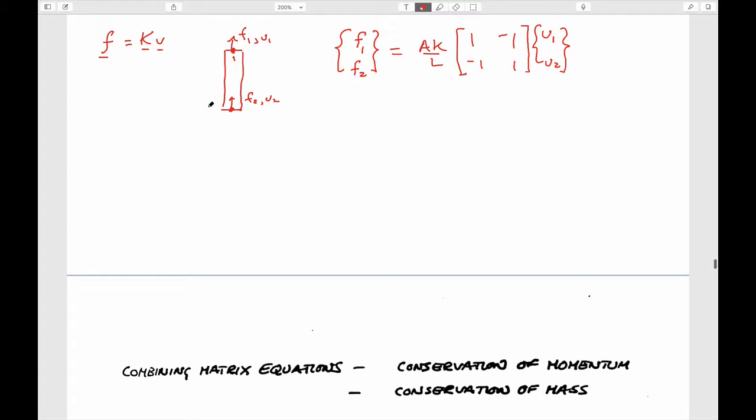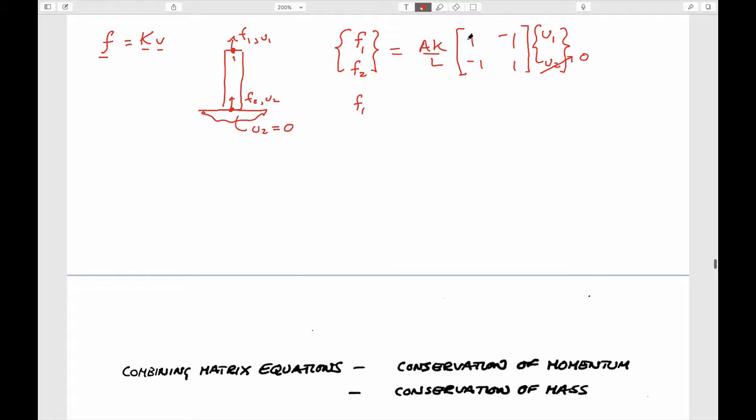What you could do is think about holding this static so that U2 is equal to 0. If U2 is equal to 0, then F1 is equal to, I can write this. In other words, if this goes to 0, then these terms, when you multiply them through, become irrelevant.